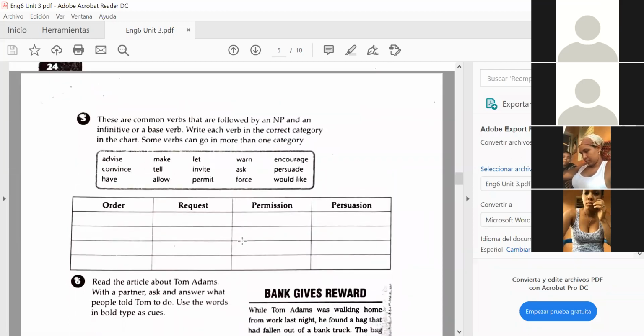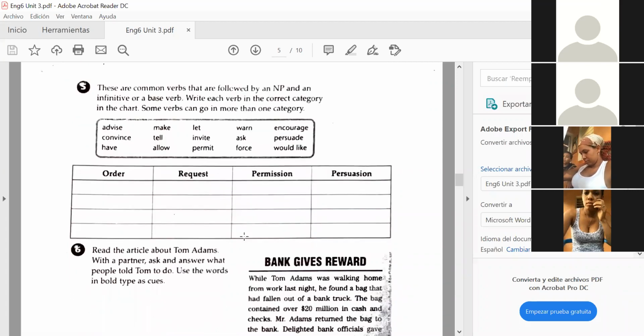What you have to do here is classify the verbs into the different categories. You will have to say if the verbs go into order, request, permission, or persuasion. But you need to know something very important. Some of the verbs qualify to be in one or two categories.